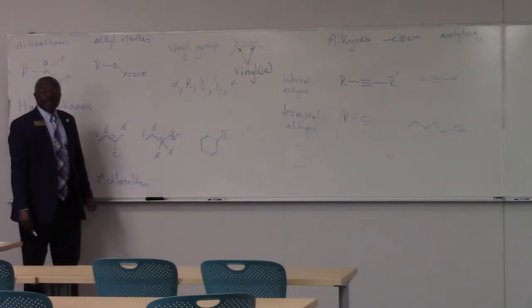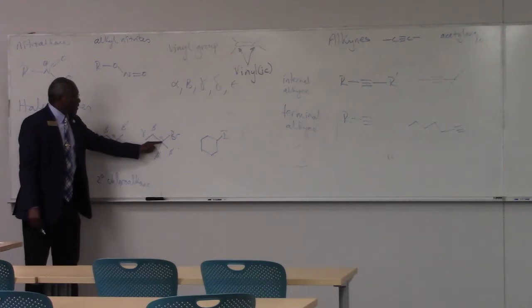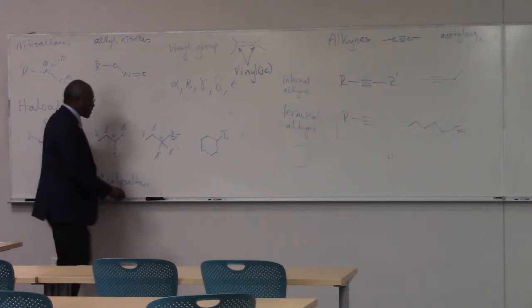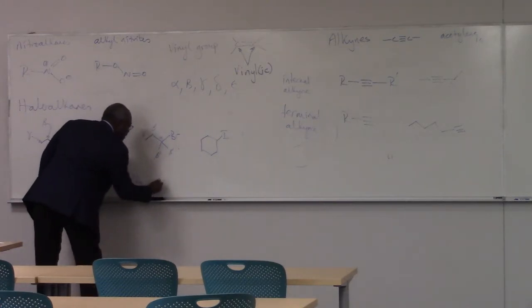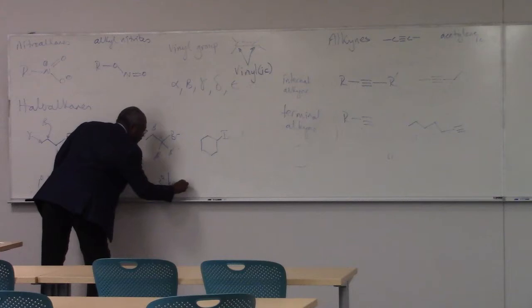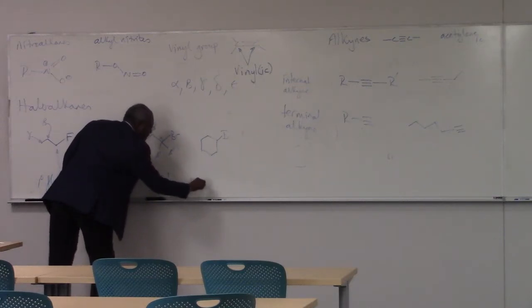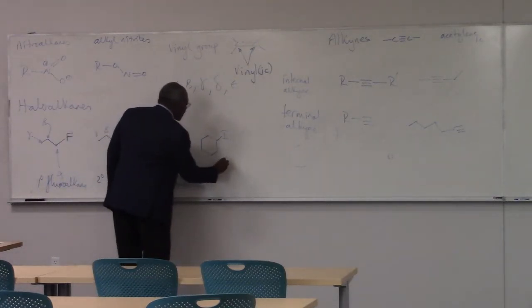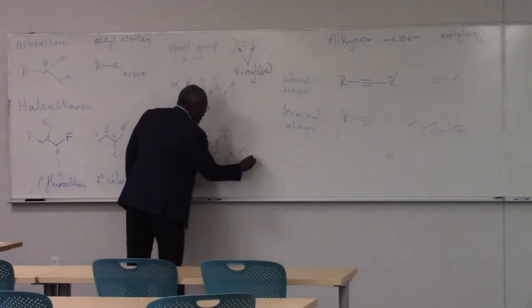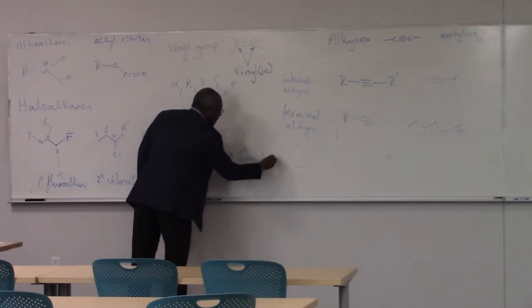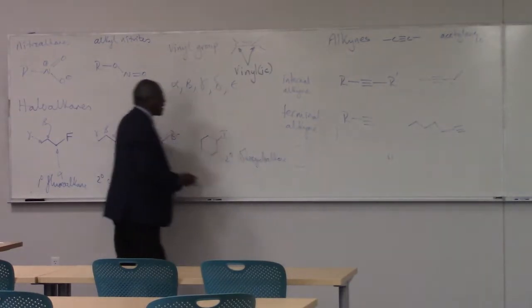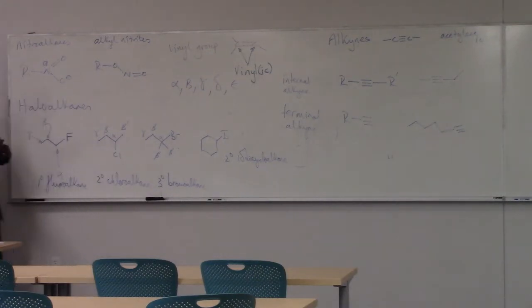That's a bromoalkane, where the alpha carbon is tertiary. The alpha carbon is bound to three alkyl groups, or three carbons. This is a tertiary bromoalkane. And not surprisingly, this one would be a secondary iodoalkane. Secondary iodocycloalkane. Okay? So if I were to classify those as tightly as I could, that would be a secondary iodocycloalkane.